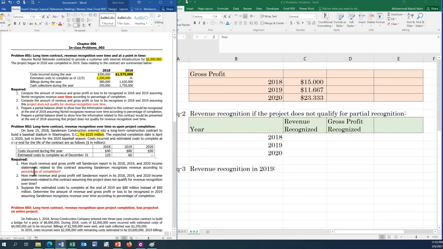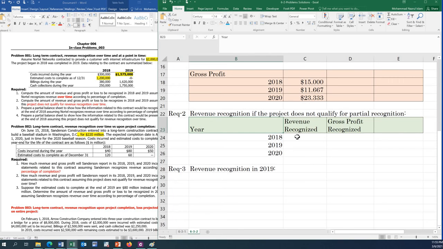And requirement number 2 is asking how much revenue and gross profit will be recognized in 2018, 19, and 20 if the project does not qualify for revenue recognition over time. Okay, so no revenue recognition, no revenue, because it doesn't qualify for the percentage of completion.